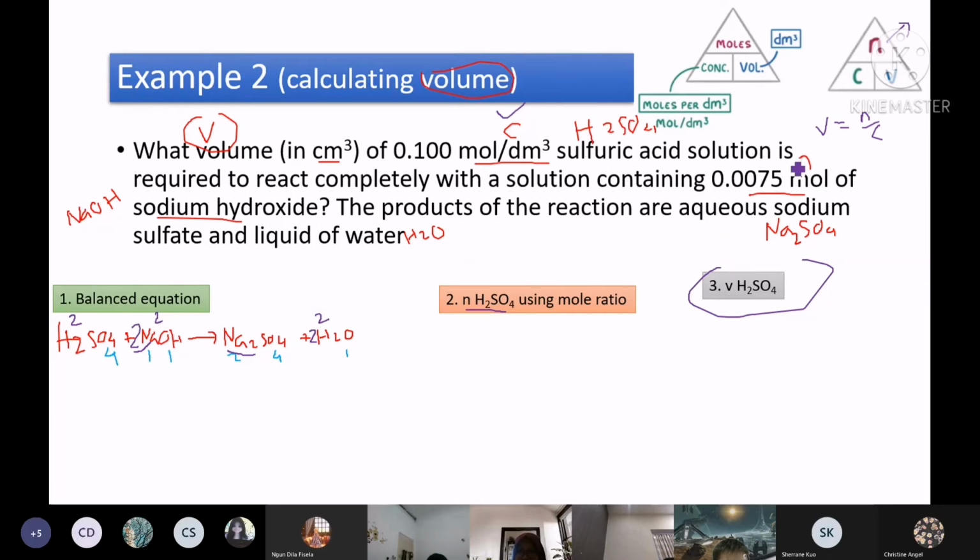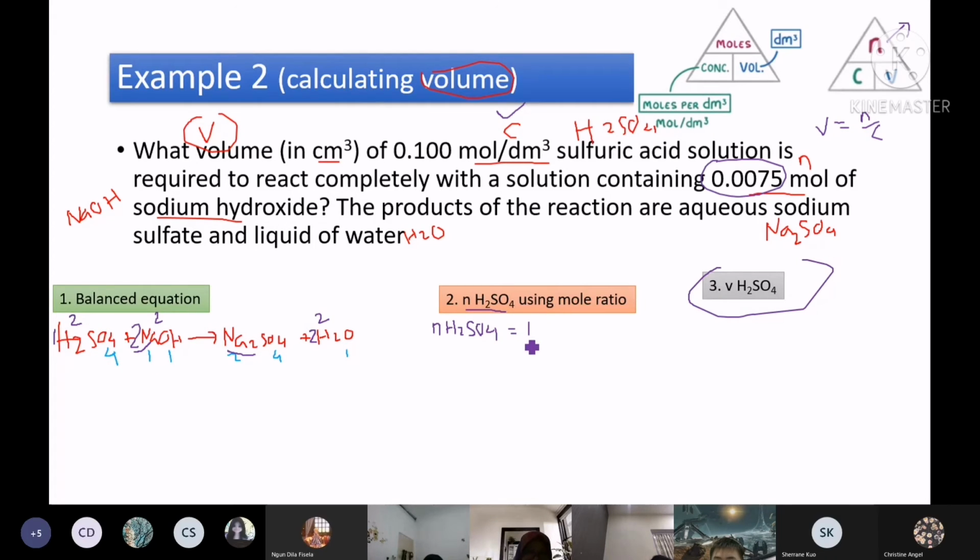We have the mole of NaOH, right? This is the mole of NaOH: 0.0075. What is the mole of sulfuric acid? Using the mole ratio. What is the mole ratio? Sulfuric acid and NaOH. Put the coefficient of sulfuric acid on the top. There is no coefficient, it means 1.